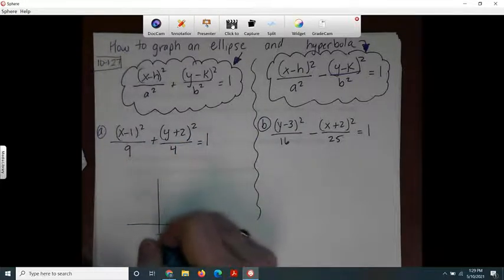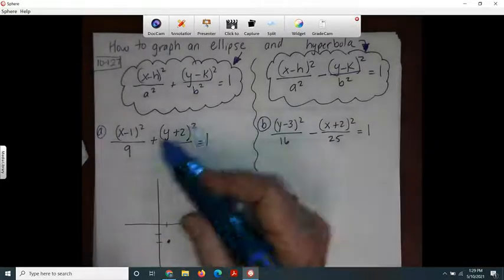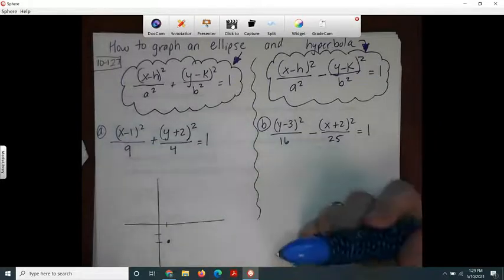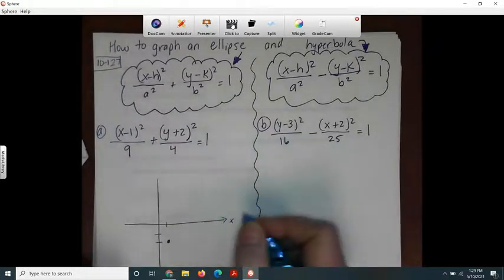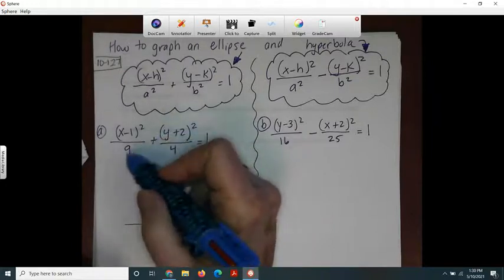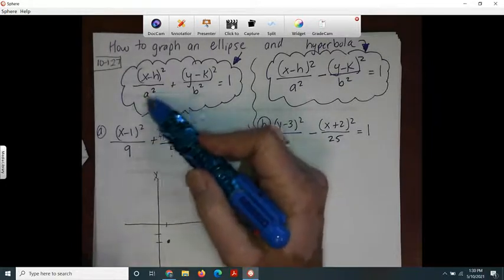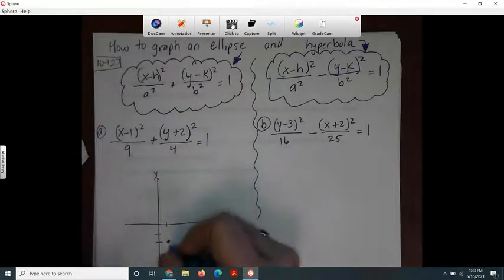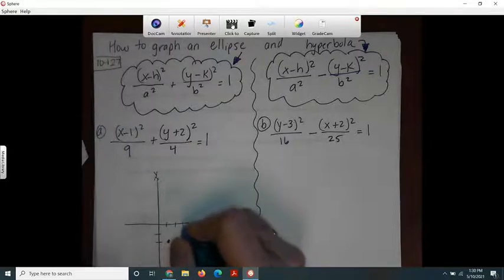The 9 is under the x, so on the x-axis, see how it's like a squared? A is going to be 3. So on the x-axis, I'm going to go right and left by 3. So I just went in either direction.